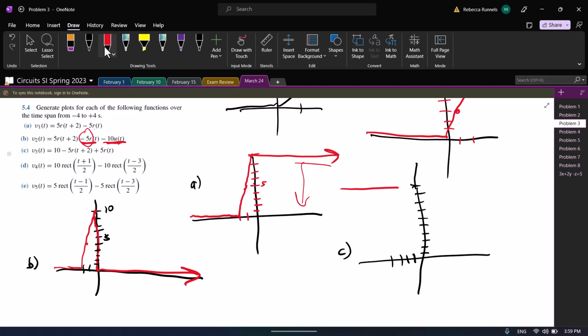And then at -2, I have a slope of -5. So that's down 5 over 1, and then down 5 over 1, which would bring me to the origin, which is where my next thing happens. So right now, I have a slope of -5, and then I'm going to add a slope of 5. -5 plus 5 is 0. So that just gets me a 0 slope.